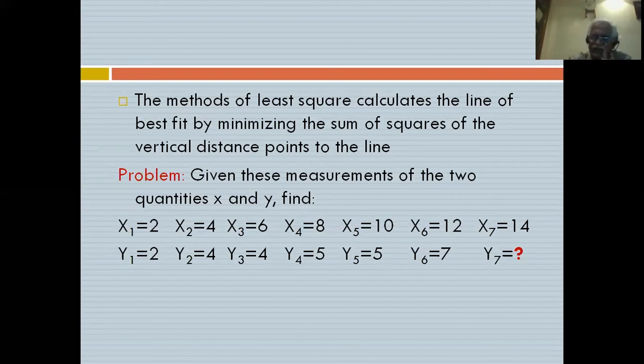If it is a best fit, we put the value of x7 and we should get y7, because we have the equation y equals mx plus c. We know m, we know c. If we put in 14, we will get y. That's the best fit.